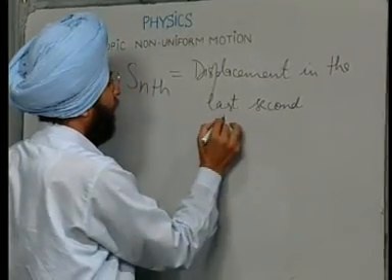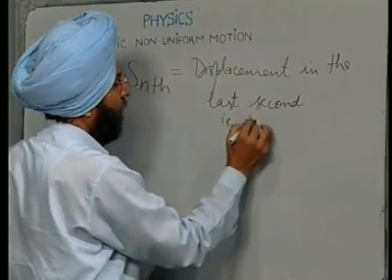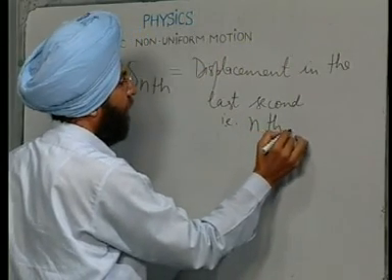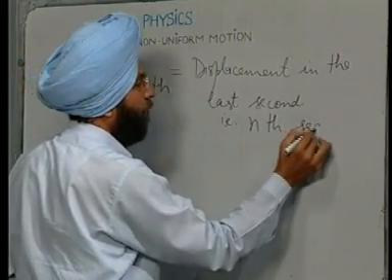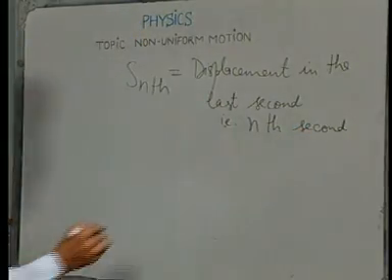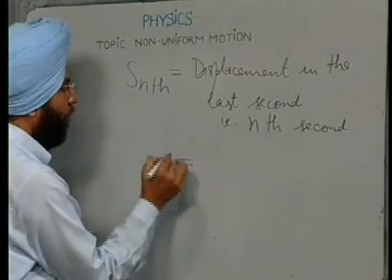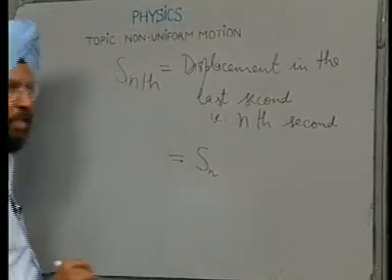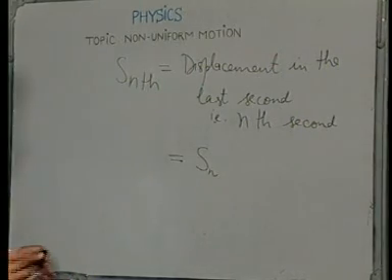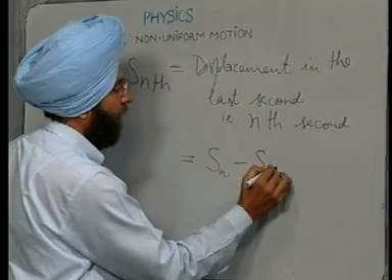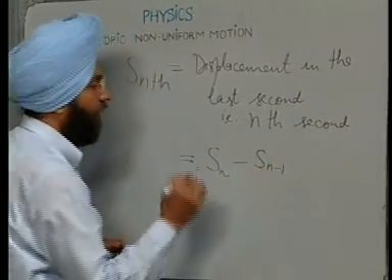That is, if we were moving for n seconds, this is the distance or displacement in the nth second. We can say if we have moved for n seconds, the total displacement is S n, out of which we subtract the distance travelled in the n minus 1 seconds.